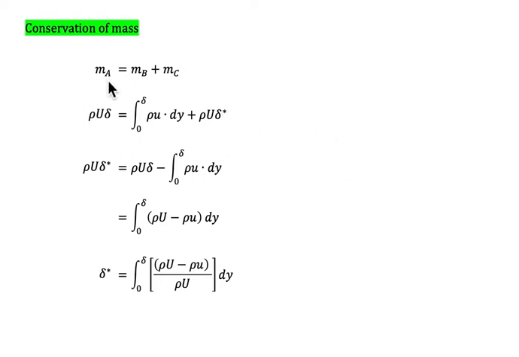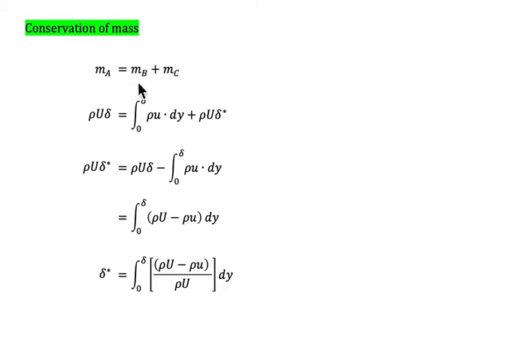Mass for A is rho, capital U and delta, and mass for C is rho, U and delta star. So we have a little problem defining the mass in area B. The answer for that one is the integral from 0 to delta of rho, small u, dy.